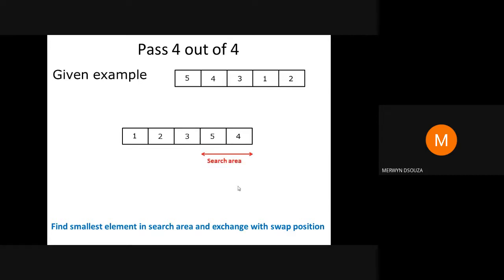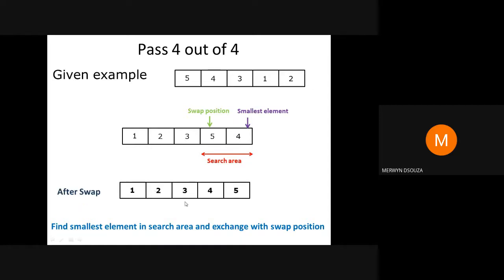Decrease the search area. Every pass or every iteration you need to remember to decrease the search area. Mark the swap position: the first value is your swap position. Find the smallest value in the search area. The smallest value is 4; mark it and swap the swap position and the smallest.